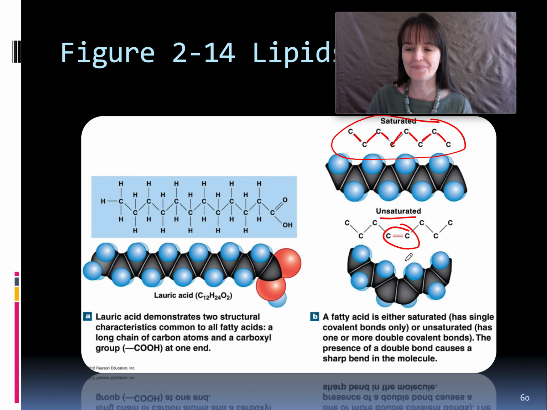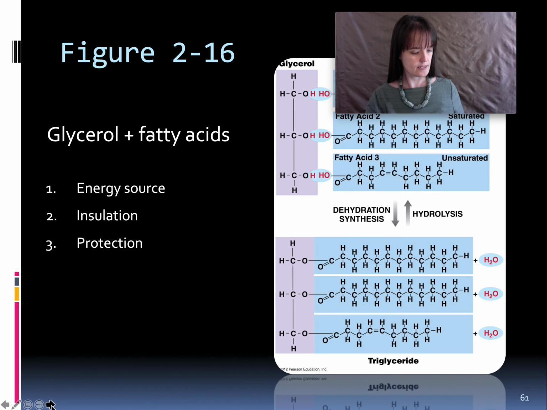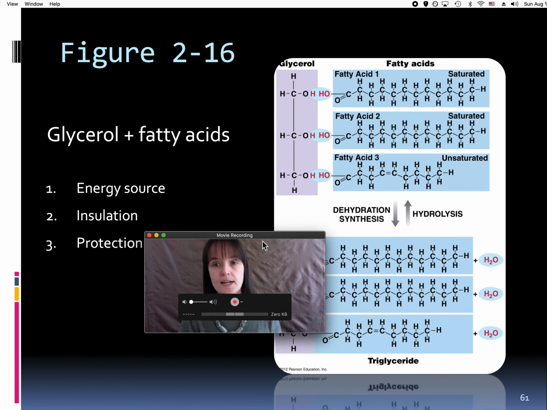So, the unsaturated: monounsaturated, one double covalent bond. Polyunsaturated could be 2, could be 100, but more than 1. All right, glycerides. So these were fatty acids: fats, oils, and waxes. A monoglyceride is a glycerol plus 1 fatty acid.